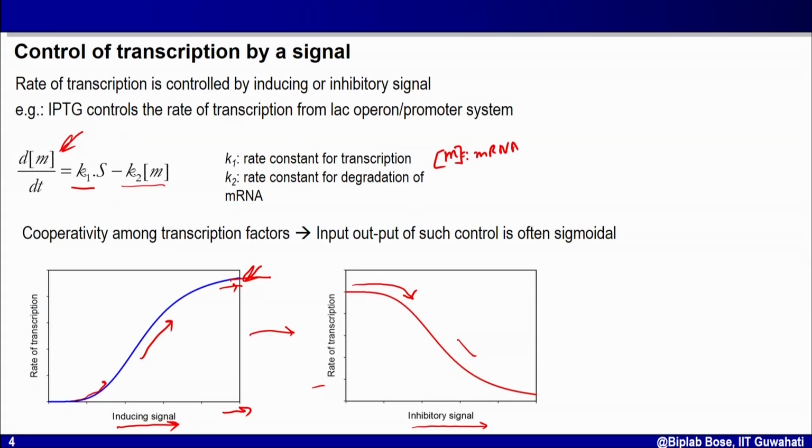Now, that means if I have a system where the transcription rate has a sigmoidal relation with the input signal, I cannot use this simple linear relationship of K1 into S. So, how can I modify this equation to reflect the sigmoidal behavior that people are observing in experiments?